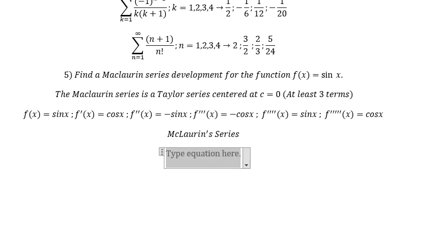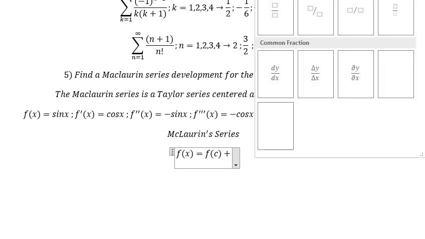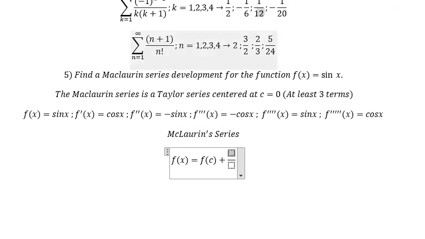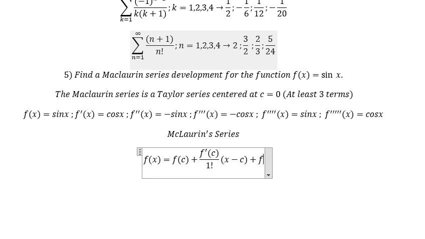That should be the function equal to f(c) plus the first derivative of the function at s equals c over 1 factorial, times s minus c. Similar for the second one.